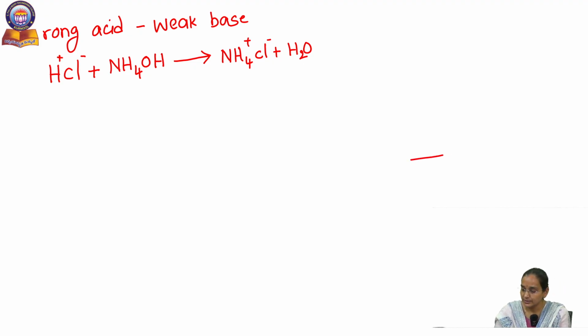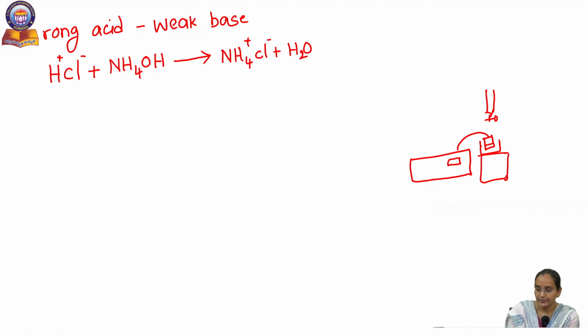Now, same setup. We measure the conductance with the help of the conductivity meter by inserting the cell in the solution. Initially, we are adding base. Now, we measure the conductance with the addition of volume of ammonium hydroxide.